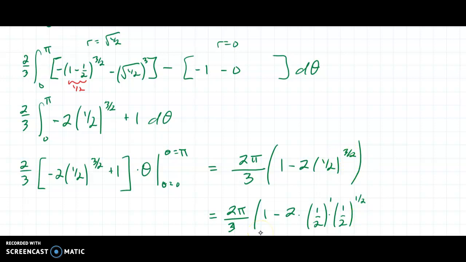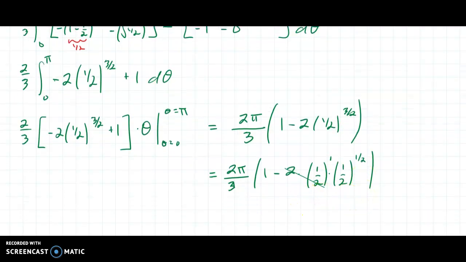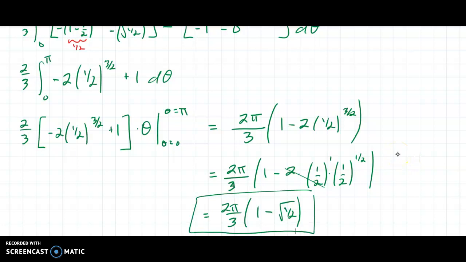So then you can see when I simplify it like that, those guys cancel there. And then this gives me 2 pi over 3 times 1 minus the square root of 1/2, or the square root of 2 over 2. So, boom. Whew, that was a long one.